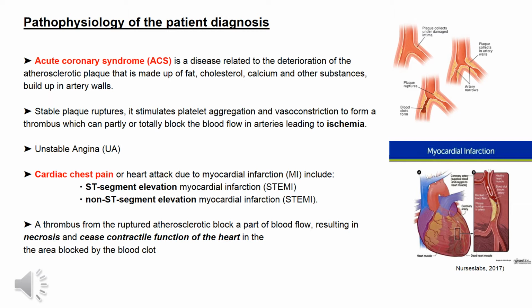It occurs when a thrombus from the ruptured plaque blocks the blood flow, resulting in necrosis and ceased contraction of the heart in the area blocked by the thrombus. The cardiac cells can survive 20 minutes in such a condition before they become dead cells. Depending on the degree of embolism, it can take up to 12 hours for the heart to become completely necrotic.